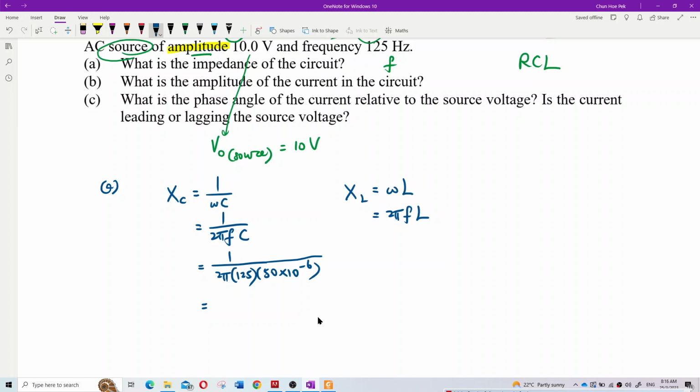Pi multiply 125 multiply 50 exponent negative 6.